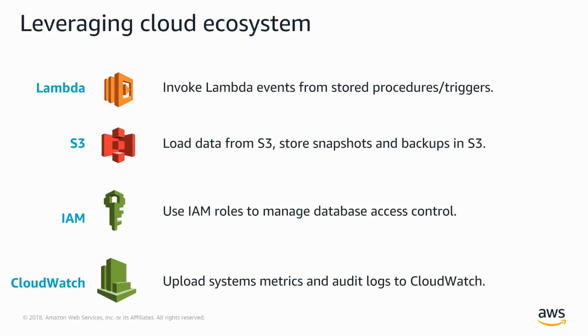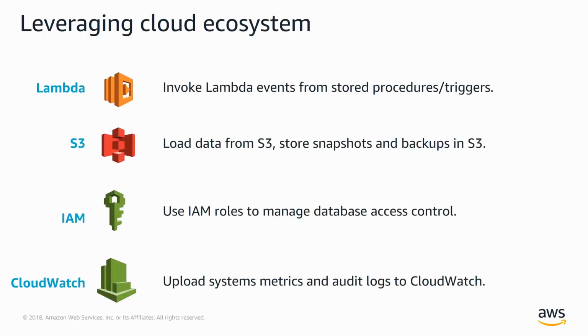IAM authentication. IAM stands for Identity and Access Management. Normally, this would refer to how you grant permissions to create, modify, and terminate resources within AWS. So it still applies with Aurora that you would use Identity and Access Management to grant a role or a user or someone the ability to create an Aurora cluster, modify an Aurora cluster, terminate it.